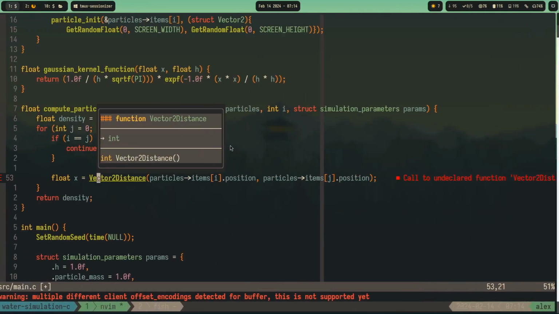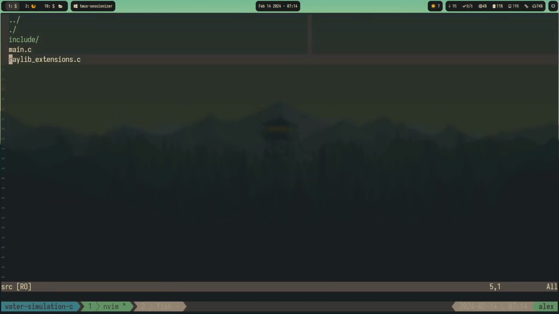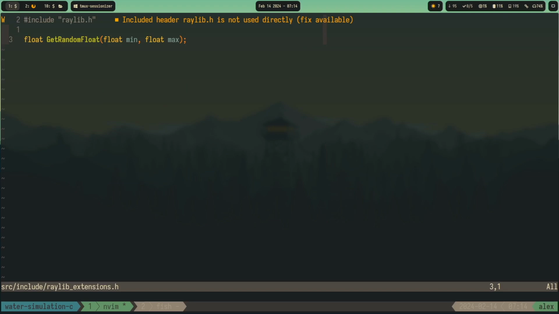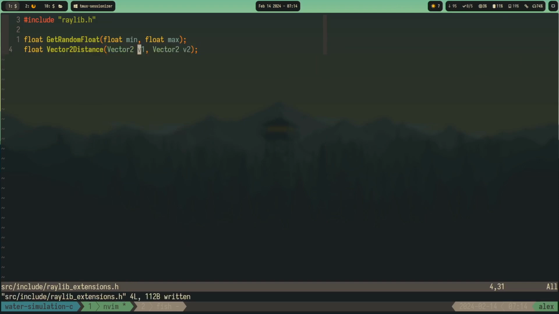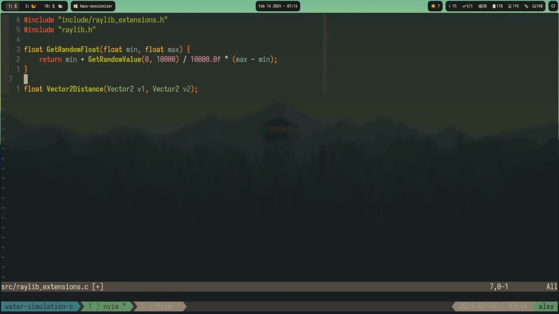No. So yeah, basically I already have these Raylib extensions with functions that I didn't find. So let's take this and implement it for ourselves.